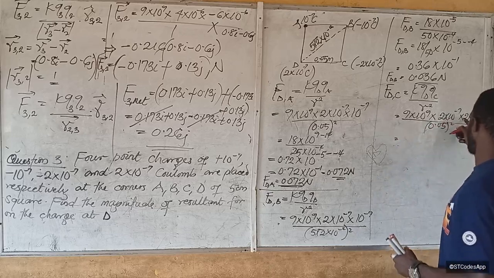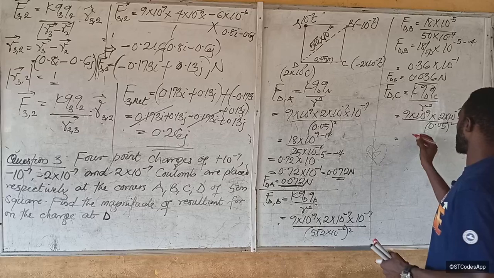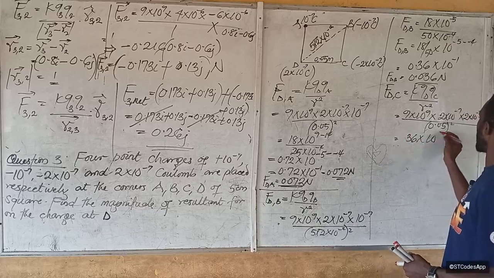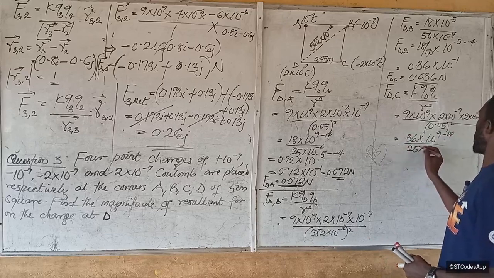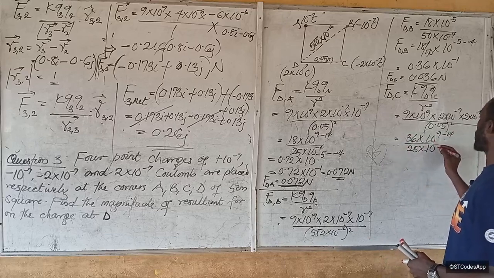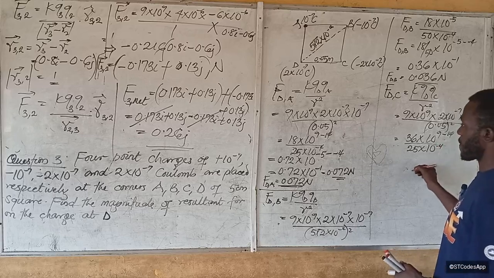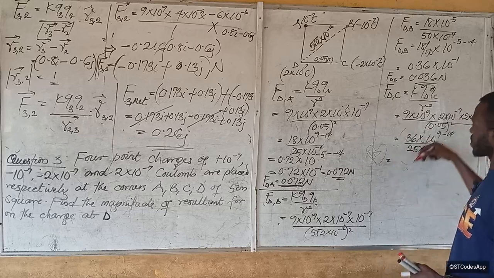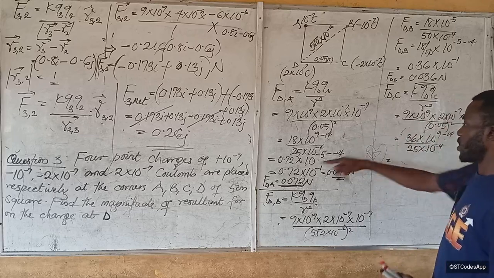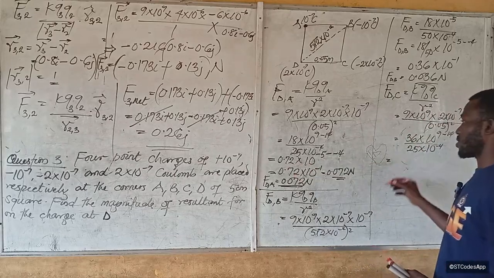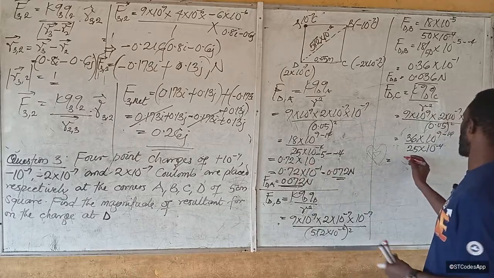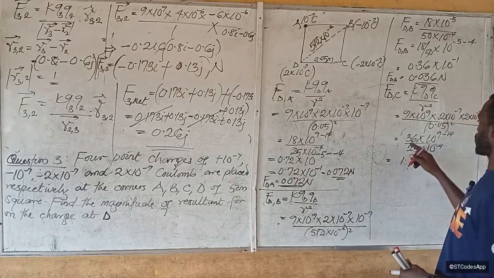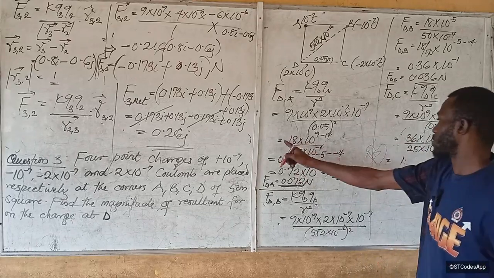So we have this by this by this. That will be 36 times 10 raised to the power 9 minus 14 over 25 times 10 raised to the power minus 4. So we have 36 divided by 25. That will be 2 times of this, right? 2 times of this will be 1.4. Because if this times 2, right? Times 2.